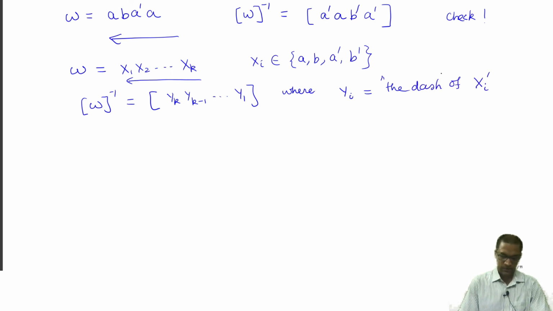I'm being a bit loose here, but you know what I mean. Each xi, if it's an A, then yi is A dash. If it's A dash, then it is an A.